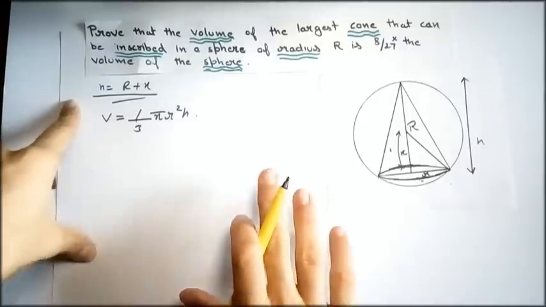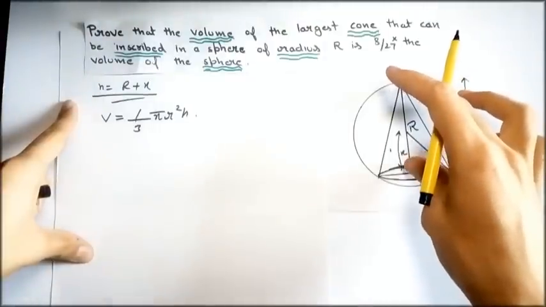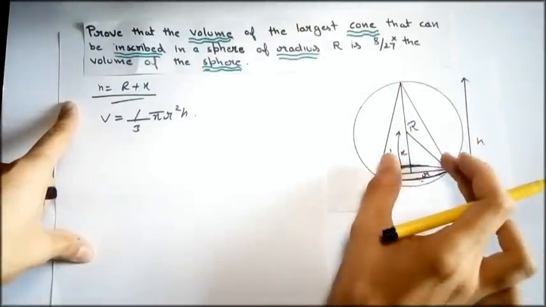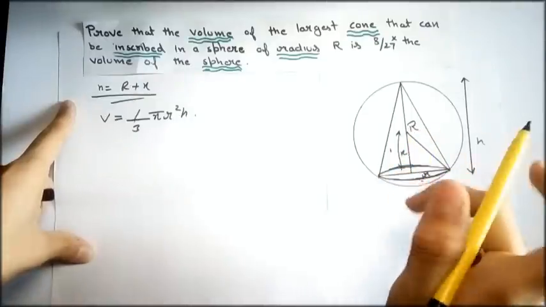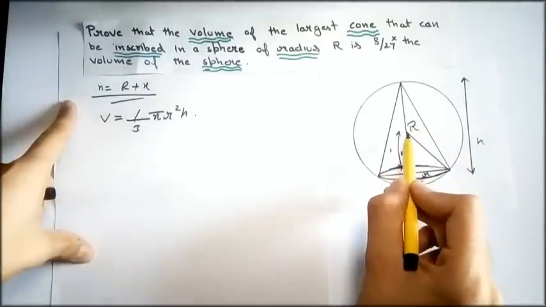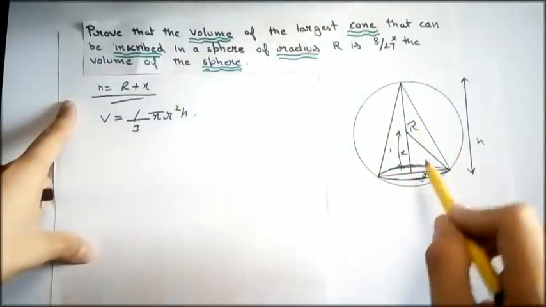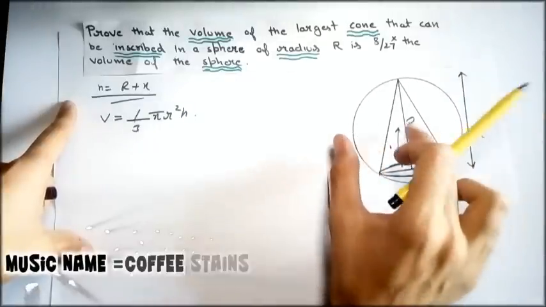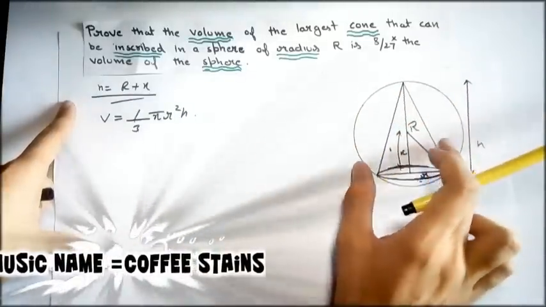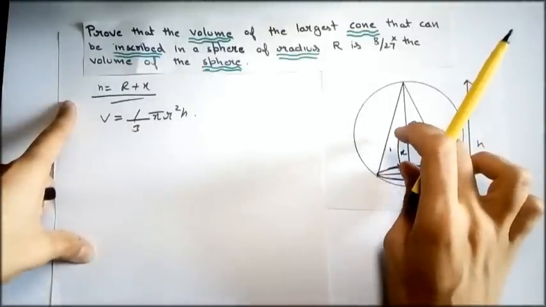Now h will change, because if the cone squeezes, the height will change. R won't change because R is the radius of the sphere, and the sphere is fixed, but the cone will change, so x will change.